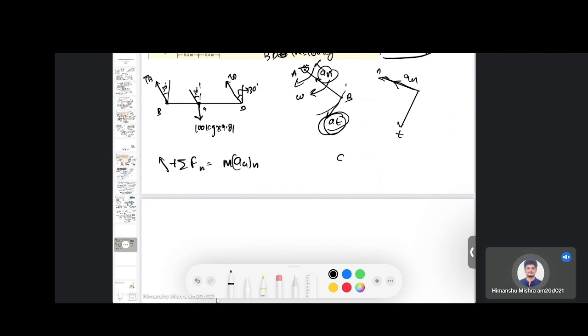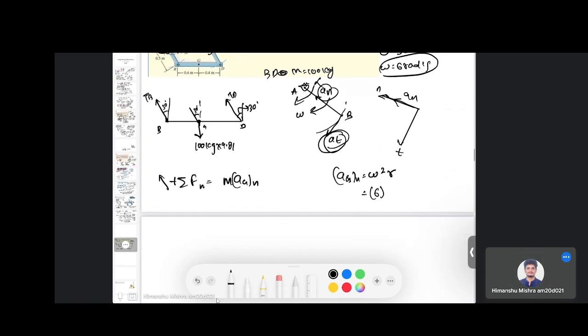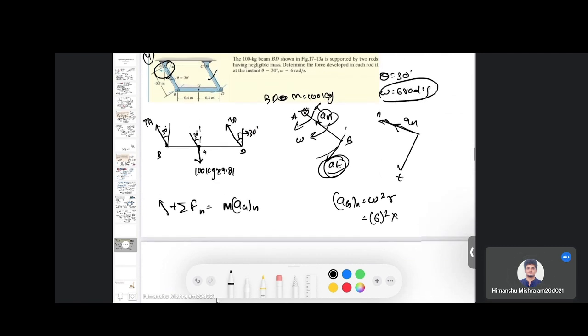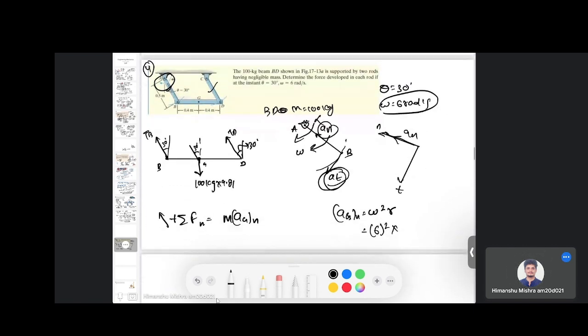And acceleration in the normal direction, we know that it's omega squared r, where omega is 6 and my r is 0.5. So this distance is 0.5 meter, which is my r.